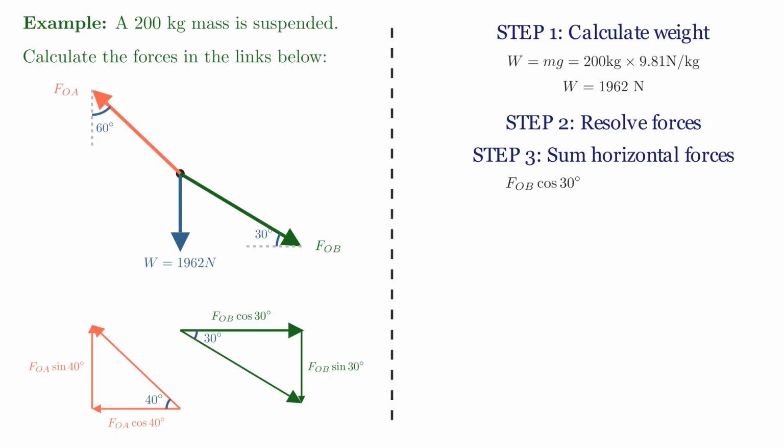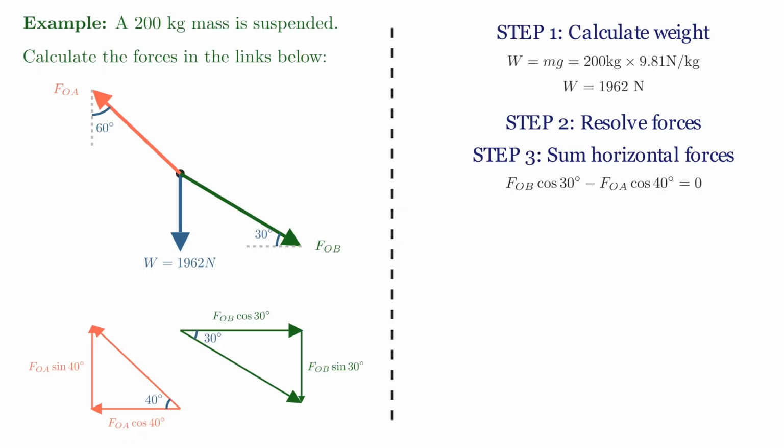The FOA has a horizontal component in the left direction, and because this is going to the left, it's going to be negative. And we said that that horizontal component is FOA cos 40, so we get minus FOA cos 40. And since the other force doesn't have a horizontal component, the sum of these horizontal components is equal to 0, which gives us our first equation, FOB cos 30 minus FOA cos 40 equals 0.